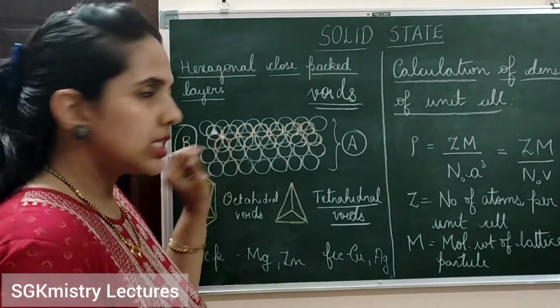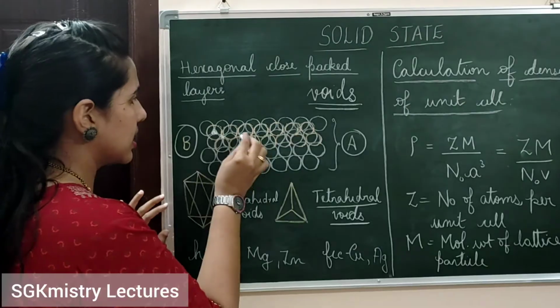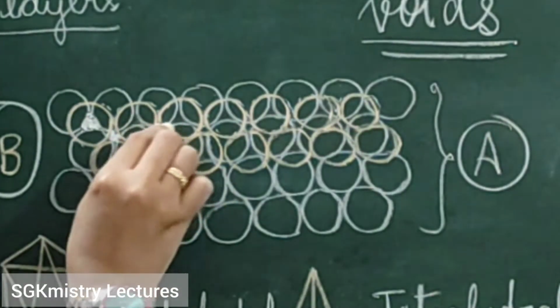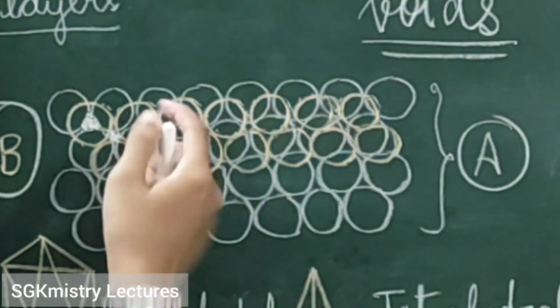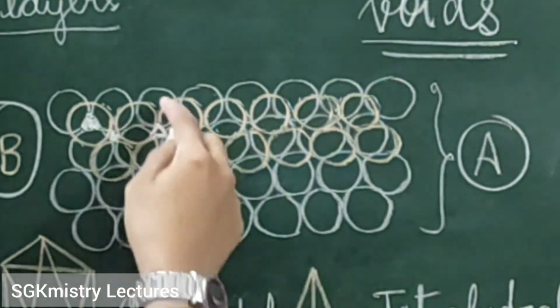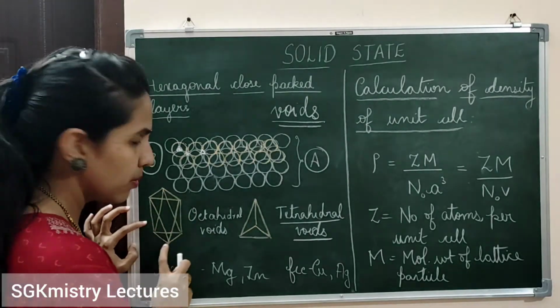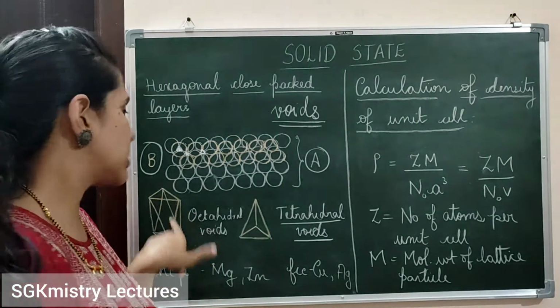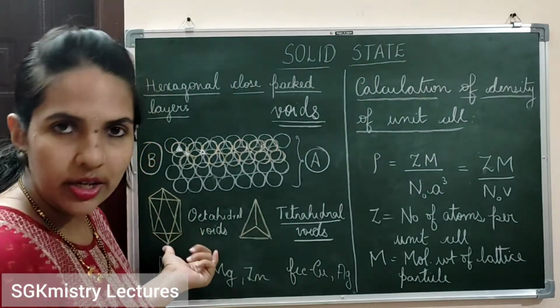This type of gap has a triangle above. Let me just show it in detail. There is a triangle above, and below there is an inverted triangle, because below there is one more gap which is inverted. When you join all the vertices of these two different triangles, you get an octahedron.